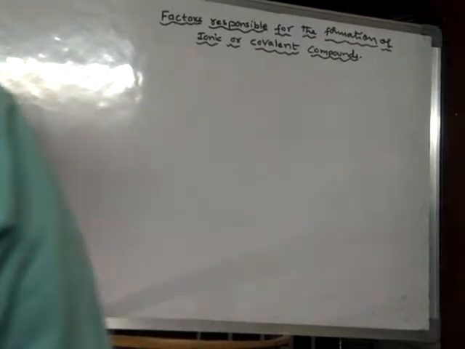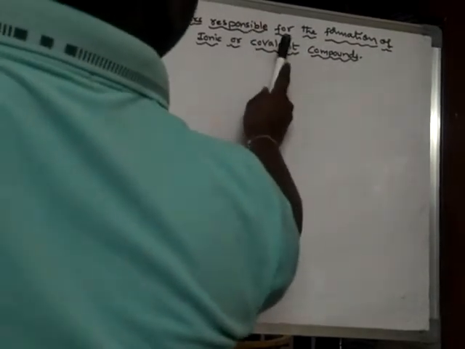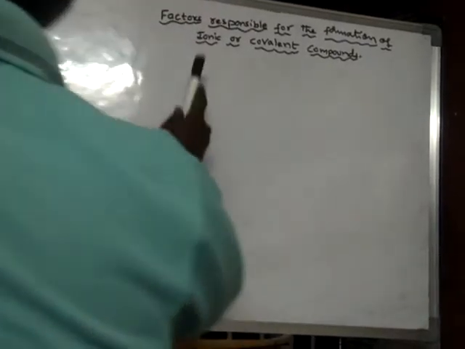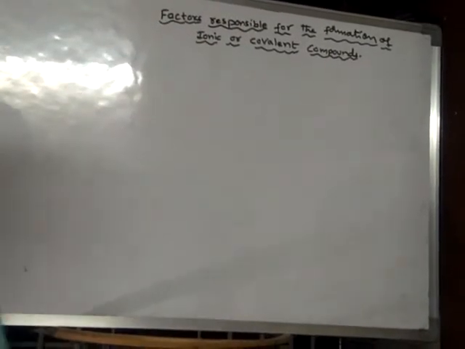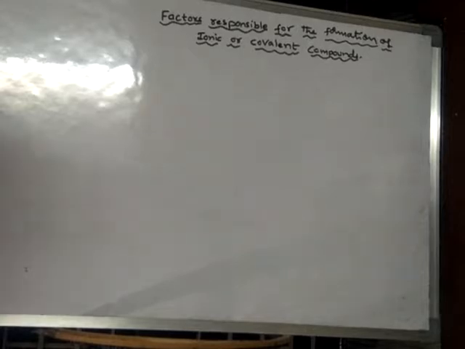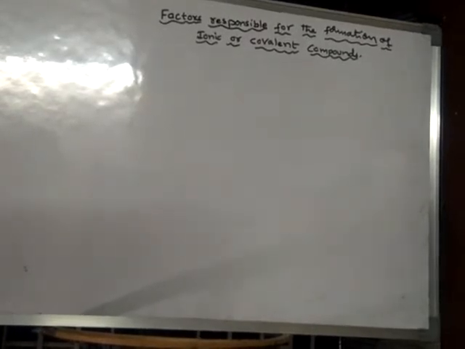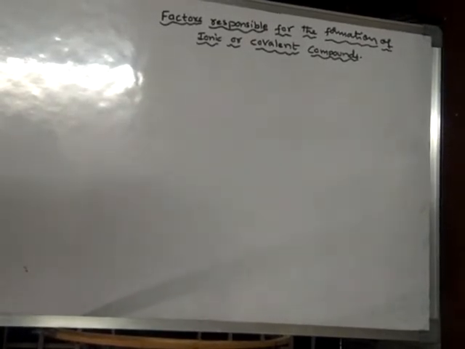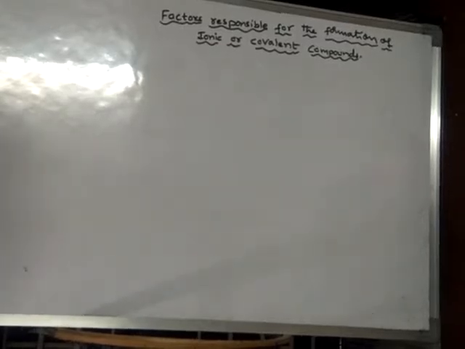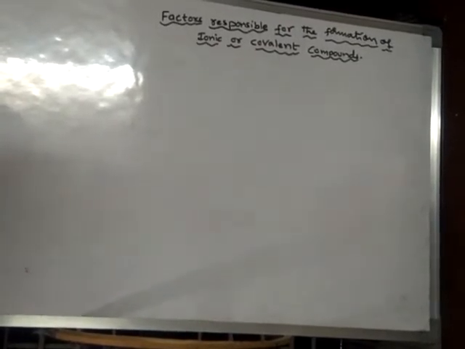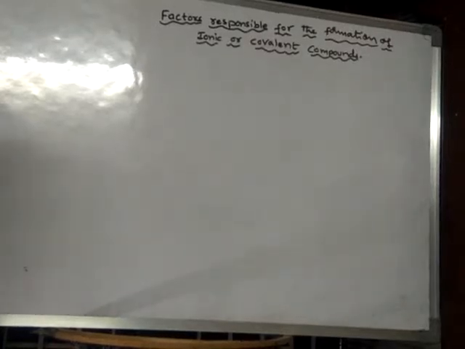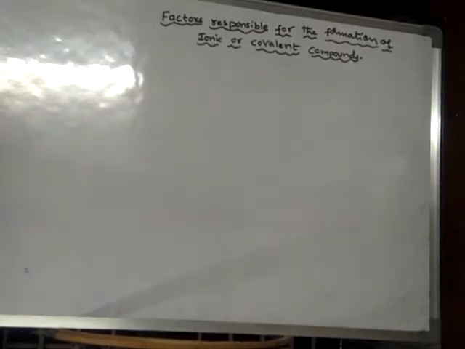Today we are going to learn about the factors responsible for the formation of ionic or covalent compounds. So, what are the factors which are responsible for the formation of ionic or covalent compounds? Several factors play a role in the formation of ionic or covalent compounds.